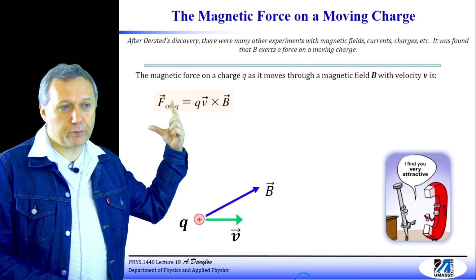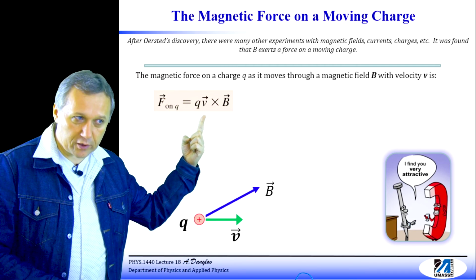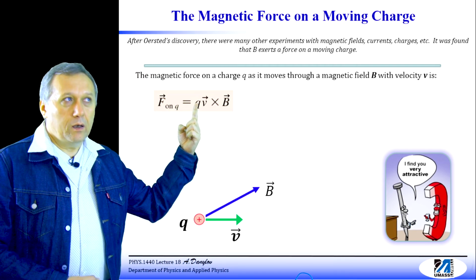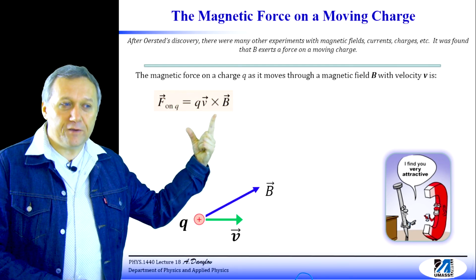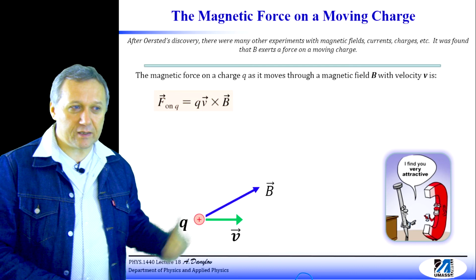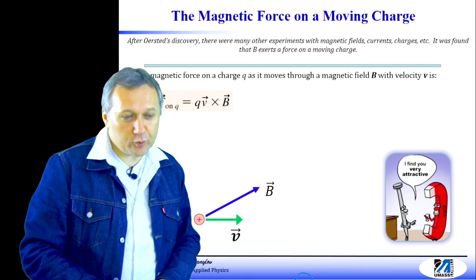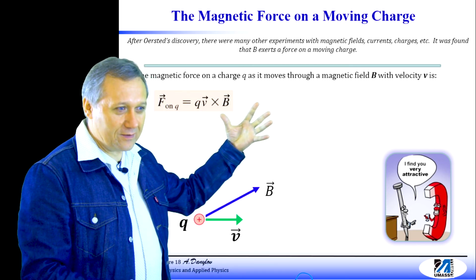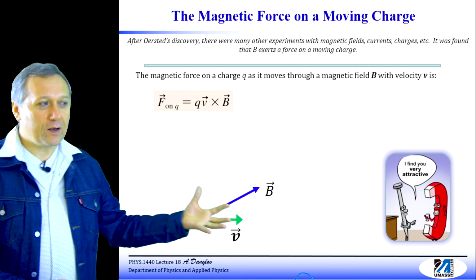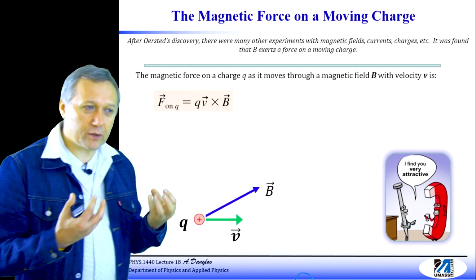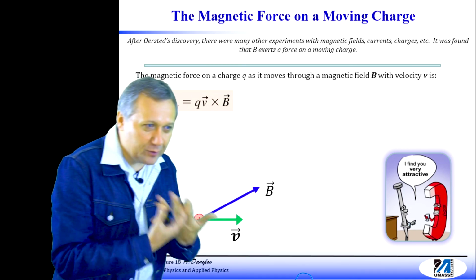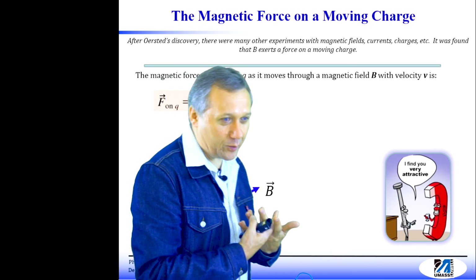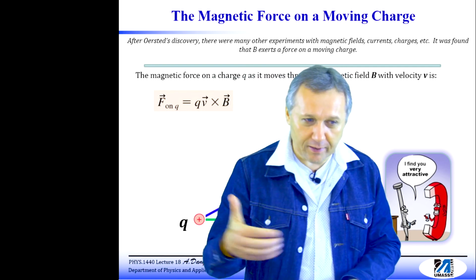So force on a point charge equals the value of the charge, and then the cross product v cross B, velocity and magnetic field. You remember I told you that from that point, lots of formulas are going to have cross products, and we must be very, very comfortable dealing with these cross products, especially with the right-hand rule.